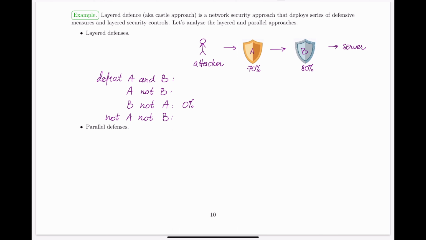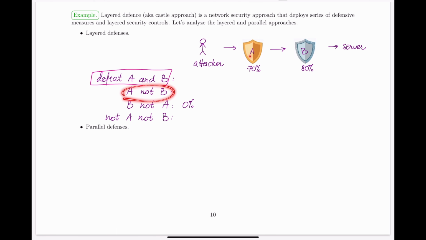Now, let's think about which scenario is actually dangerous. Which one of these scenarios will get the attacker successful in hacking our server? If he defeats both A and B, he will end up being at the server. So this case is a red flag. This is not a good scenario for us. What about the next one?